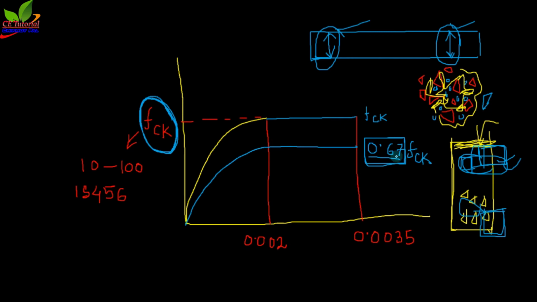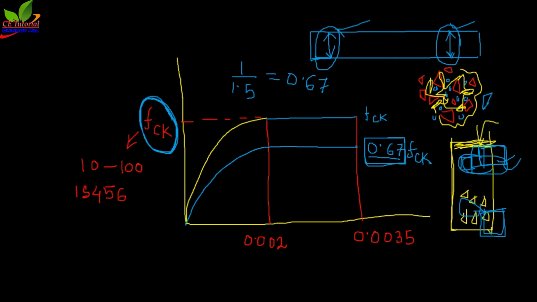And sometimes you can find 1.67, if I write 1 by 1.5, then it will be equal to 0.67.